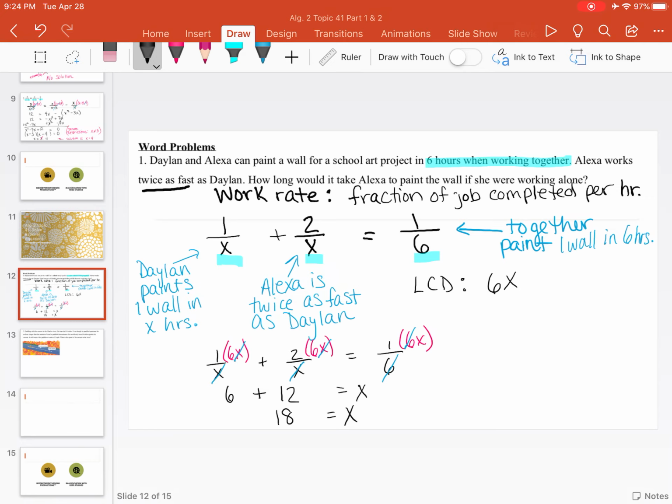Now, X is referring to how long it takes Dalen to paint the wall. It takes Dalen 18 hours to paint the wall. But if Alexa works twice as fast, how long is it going to take her? So it takes Dalen 18 hours to paint the wall.